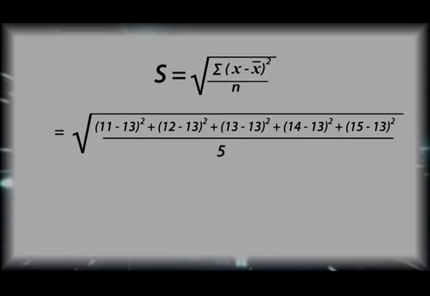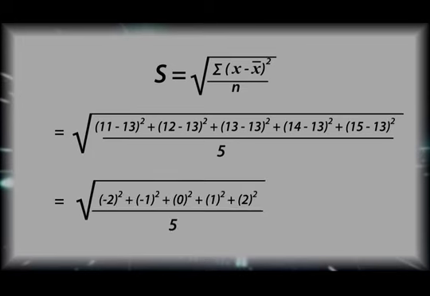So that gives us 11 minus 13 squared, 12 minus 13 squared, 13 minus 13 squared, 14 minus 13 squared, 15 minus 13 squared, all divided by 5. Then we take the square root. Again, we get negative 2 squared plus negative 1 squared plus 0 squared plus 1 squared plus 2 squared, all divided by 5.